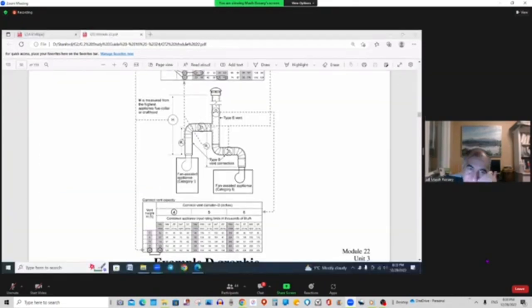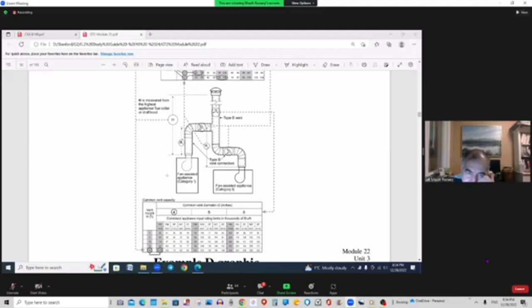Now we have 2 or more appliances. Both of them are fan assisted, okay? In this type, the same as the previous, we need to know what type of vent it is. Is it B vent? What type of connector?